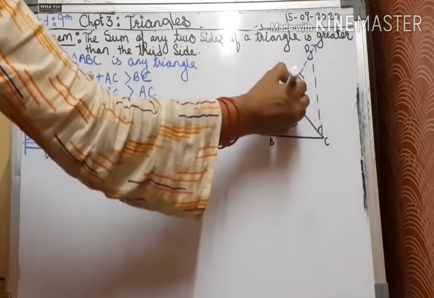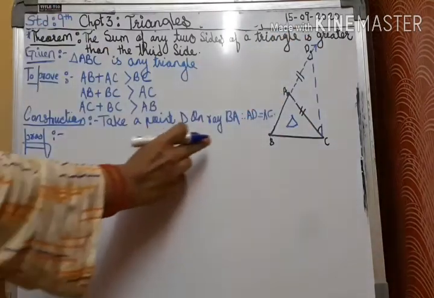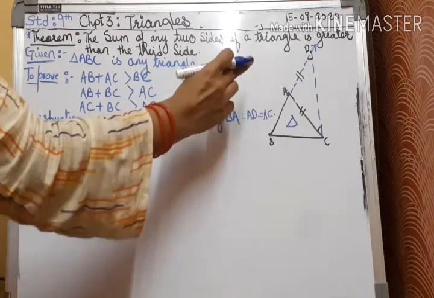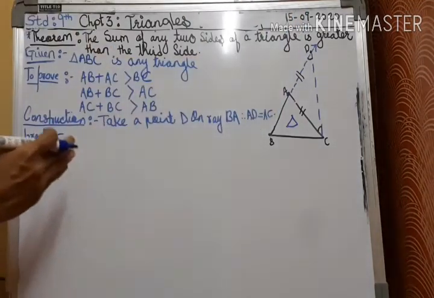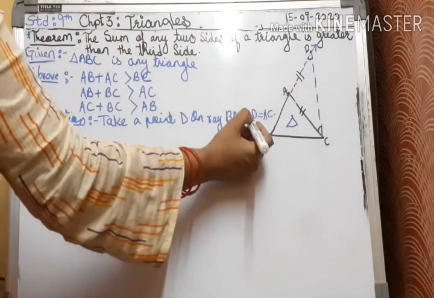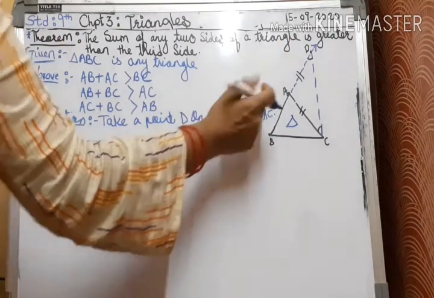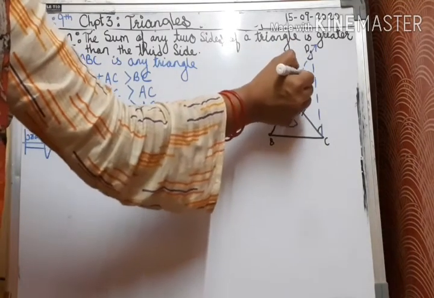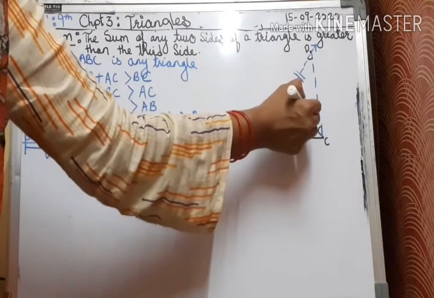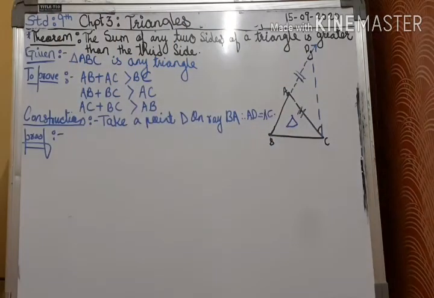So we will join with a dotted line. When we extend the ray BA, we get AD is equal to AC. This side is equal to this side. So come to the proving.